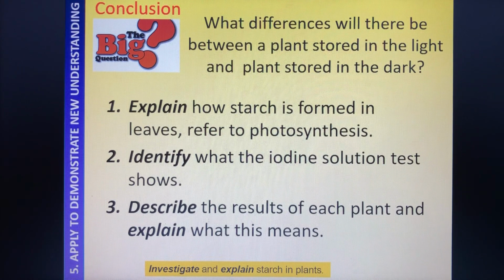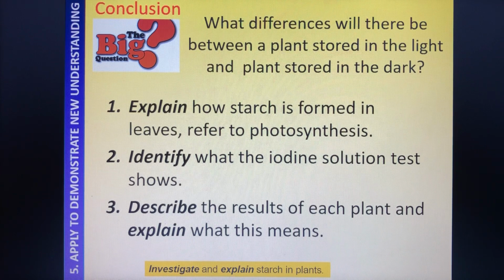Okay, and first question, or first part of this, is explain how starch is formed in leaves and refer to photosynthesis. Okay, so in that section we're going to be talking about photosynthesis, what that produces and how that becomes starch. Okay, I'm giving some information but not all of it because this is just recapping what we've already done today.